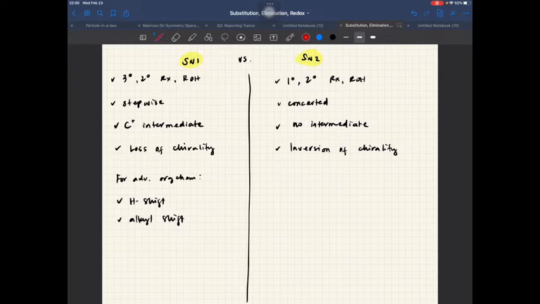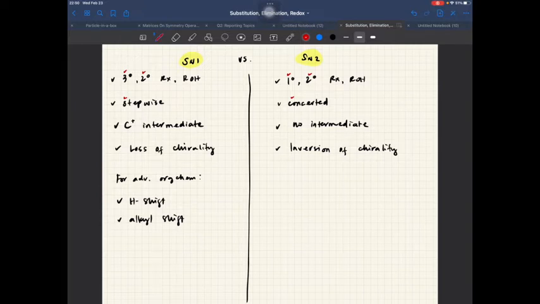Finally, let's compare and contrast SN1 and SN2 reactions. SN1 reactions typically occur for tertiary and secondary alkyl halides and alcohols, whereas SN2 reactions occur in the context of primary and secondary alkyl halides and alcohols. Furthermore, SN1 reactions are stepwise, whereas SN2 reactions are concerted.